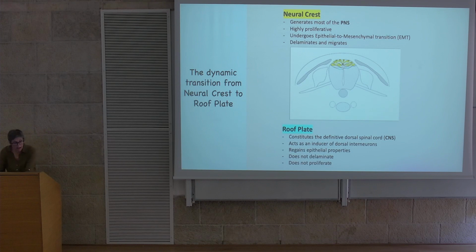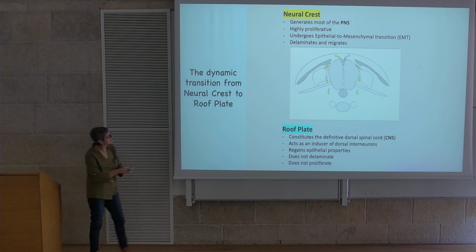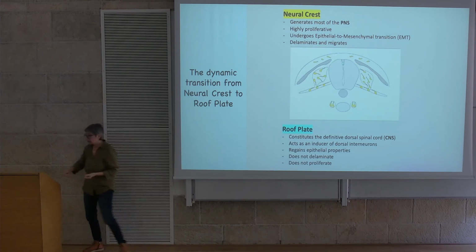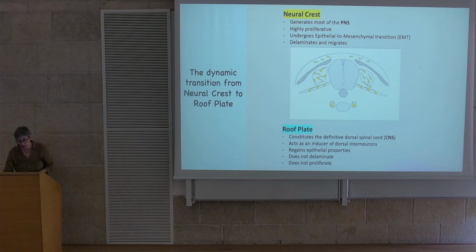So look at the yellow cells and look at the blue cells. The yellow cells are neural crest cells, and when these cells delaminate sequentially, what we see is that the roof plate cells progressively go from a ventral to a dorsal position.